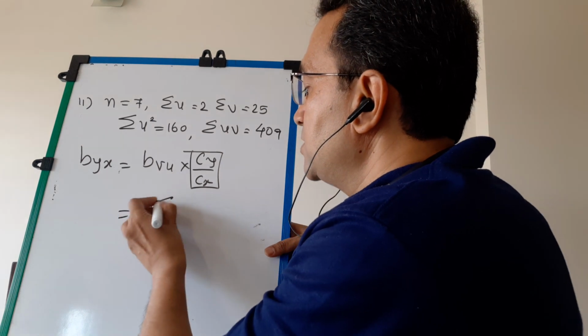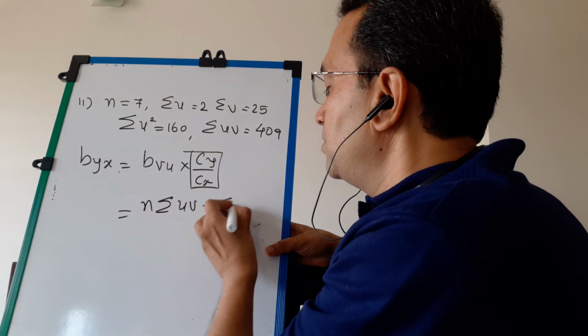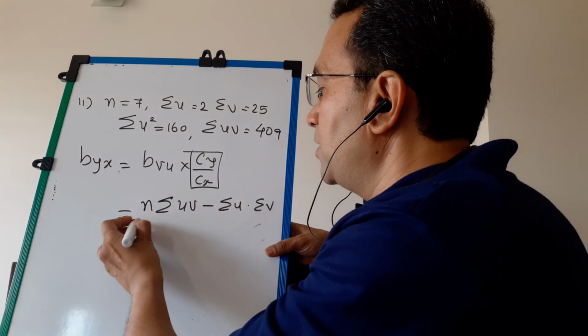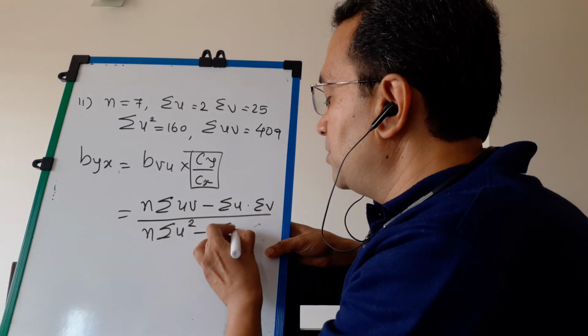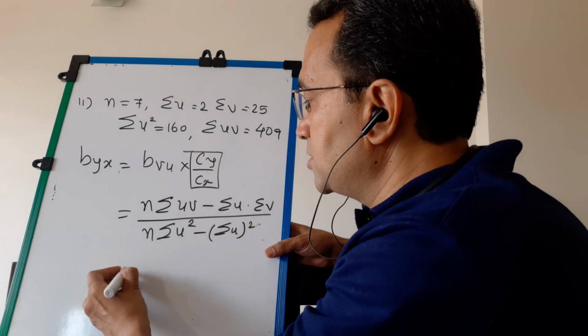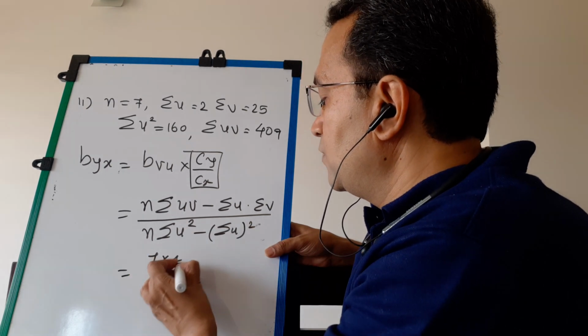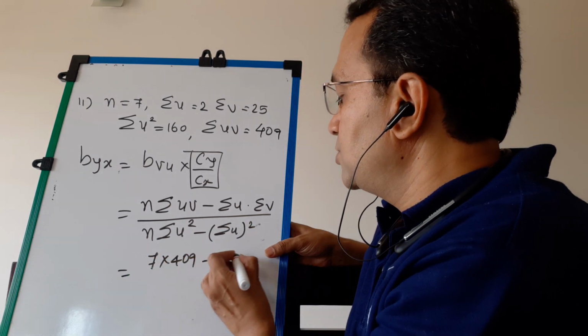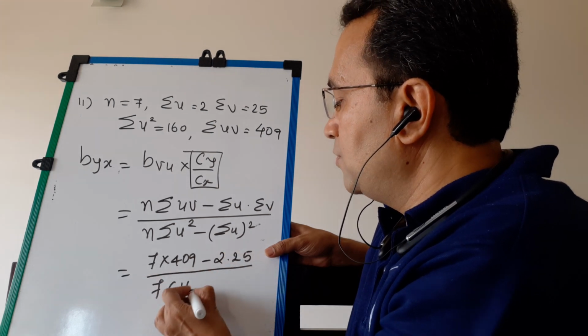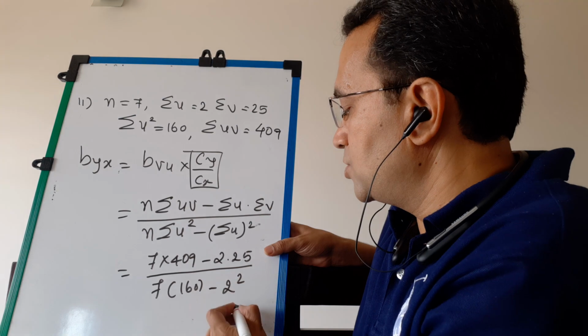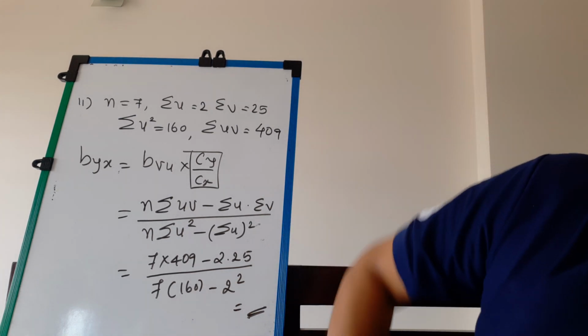So the formula is n sigma uv minus sigma u into sigma v upon n sigma u square minus sigma u the whole square. 7 into 409 minus 2 into 25 upon 7 into 160 minus 2 square. Simplify, that is your answer.